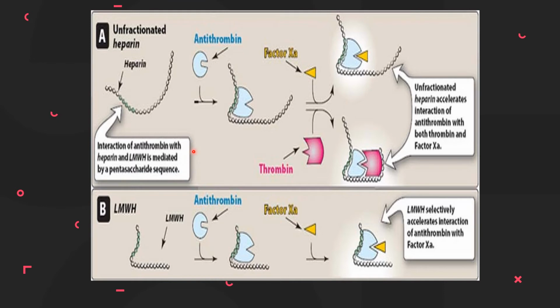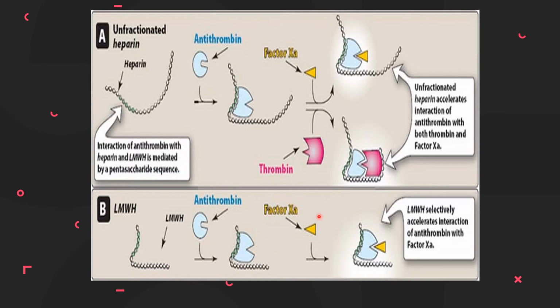So this is again showing unfractionated heparin combines with antithrombin 3, inactivates factor 10 and factor 2, and accelerates the interaction of these factors. Similarly, low molecular weight heparin, which has a lower molecular weight than the standard one, when it combines with antithrombin 3, inactivates only factor 10A.